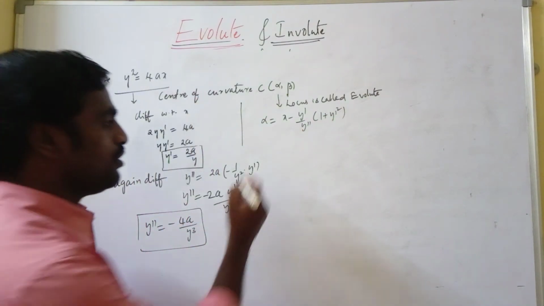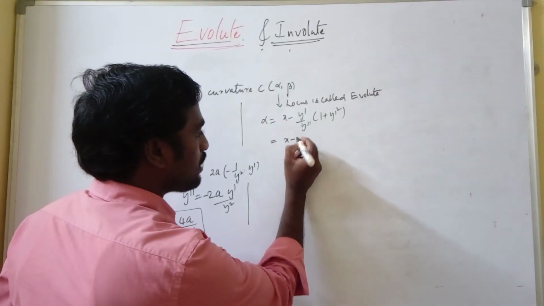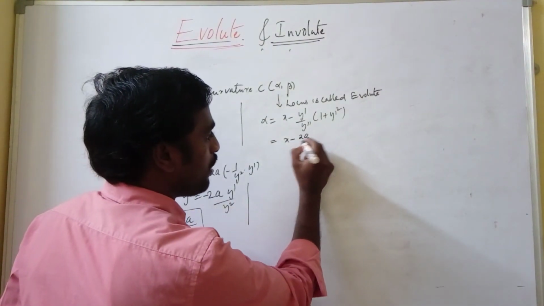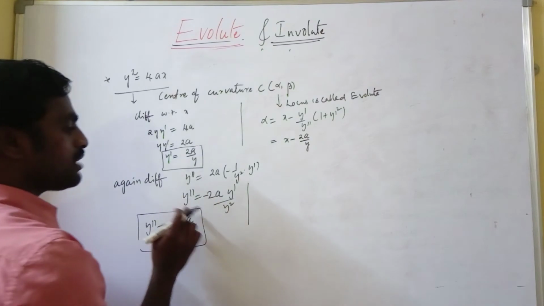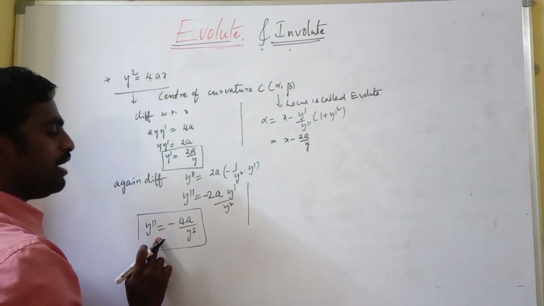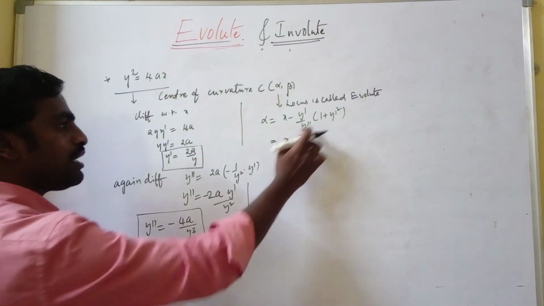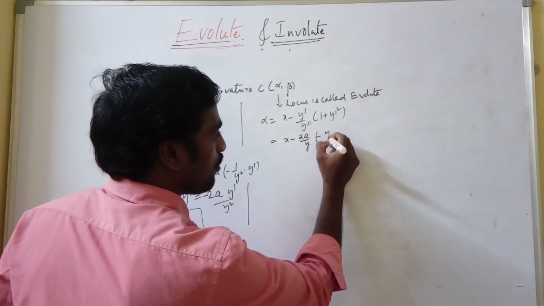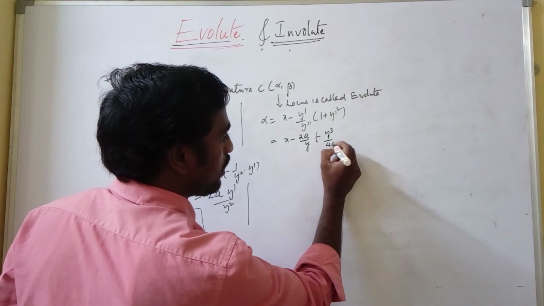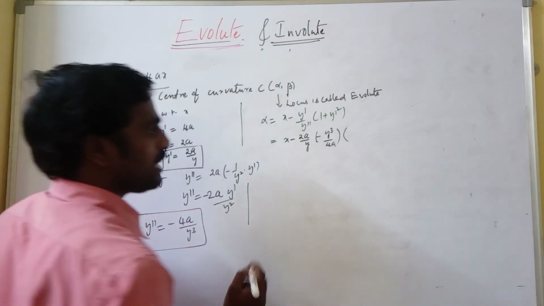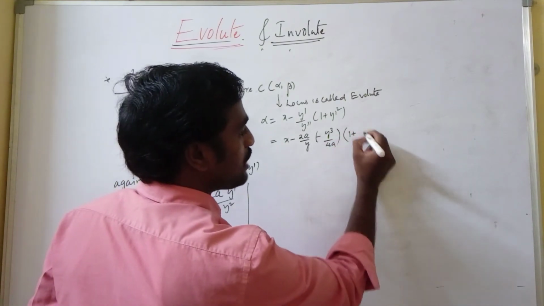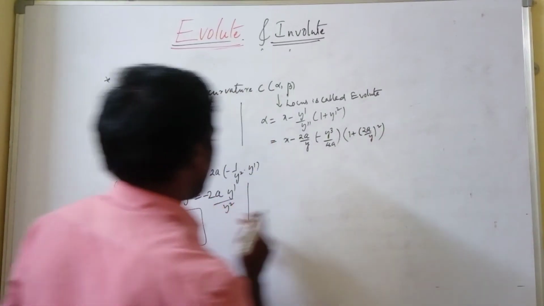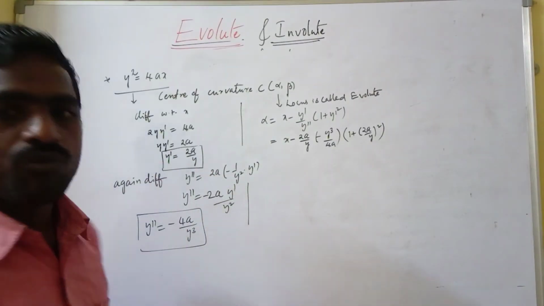So that equals x minus the y derivative, 2a by y, divided by y double dash. Writing the reverse, that is minus y power 3 by 4a, times 1 plus y dash, which is 2a by y, whole power 2.